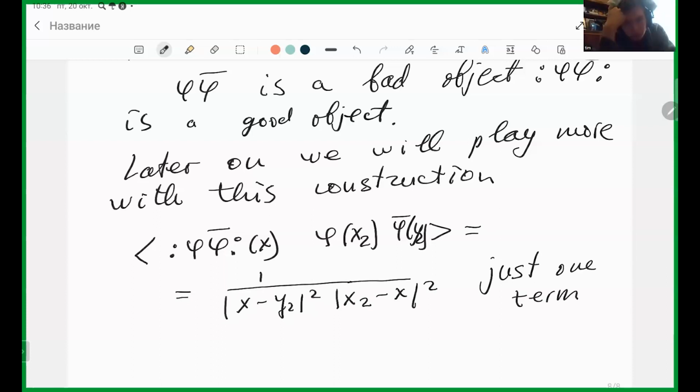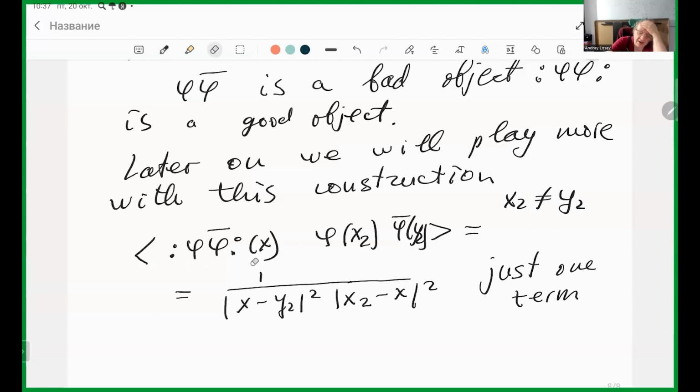Okay? What about, shouldn't we also have a singularity when x2 approaches y2? Yes, but here x2 is not equal to y2. This expression is not singular at x2 equals y2, so it means that I made a misprint.